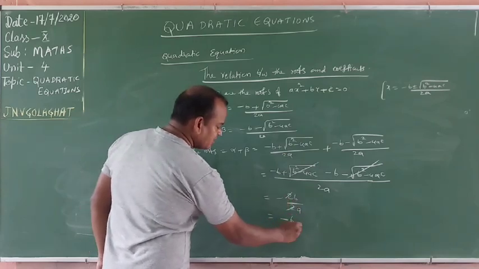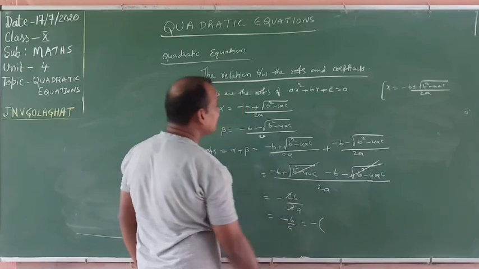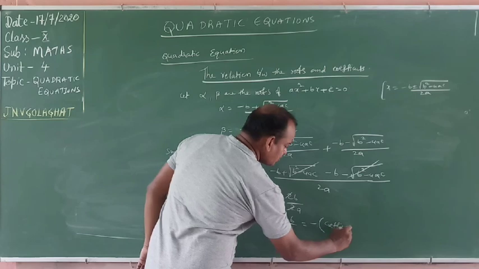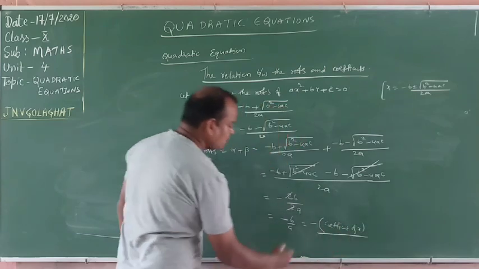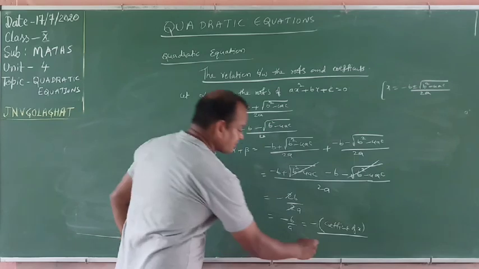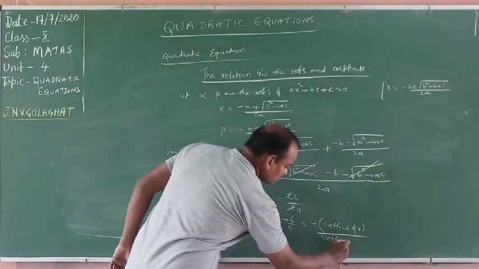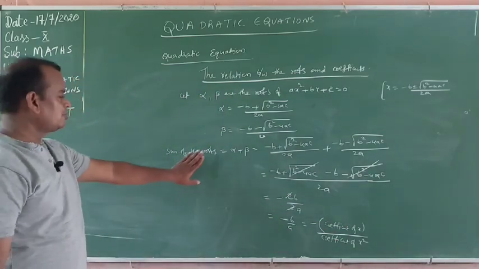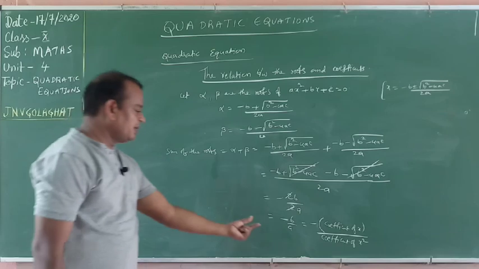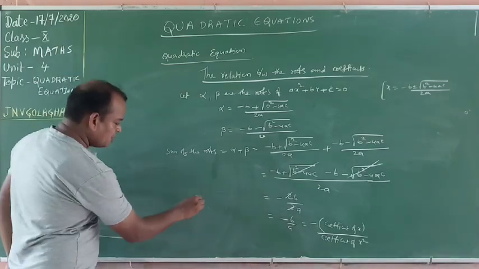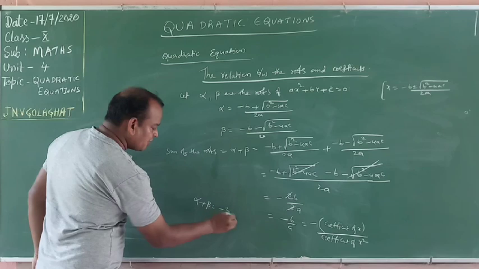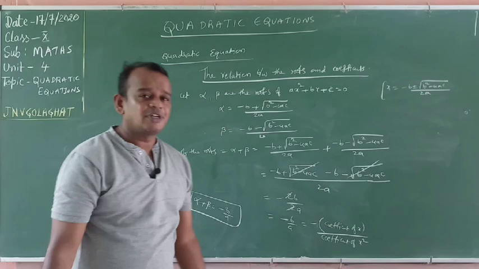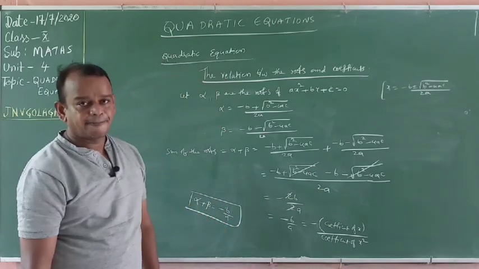That equals minus b by a. What is b? B means coefficient of x. What is a? A means coefficient of x square. This is the sum of the roots formula. Alpha plus beta is equal to minus b by a, minus coefficient of x by coefficient of x square.